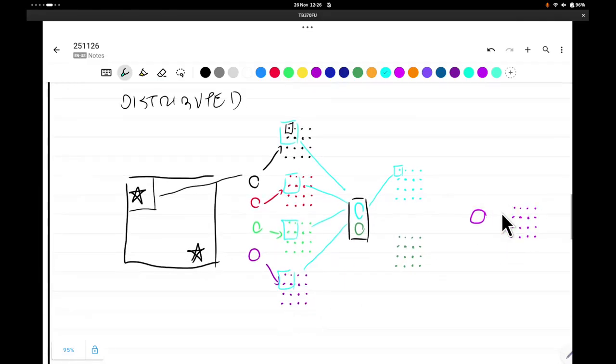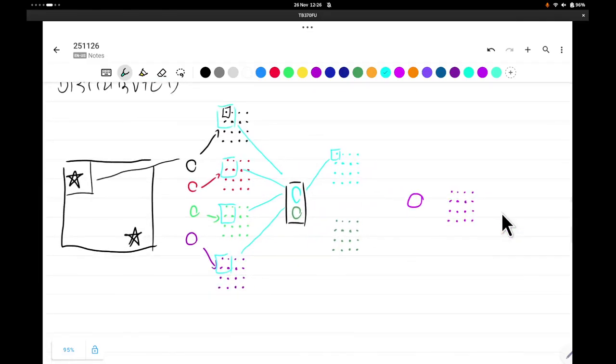So this is where the distribution comes in, and this can be propagated through layers.